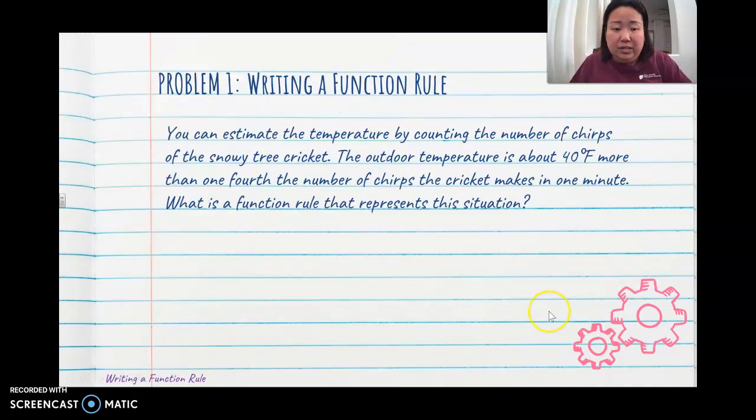Now let's move on to this next example. A similar situation, okay? You can estimate the outer temperature by counting the number of chirps of the snowy tree cricket.